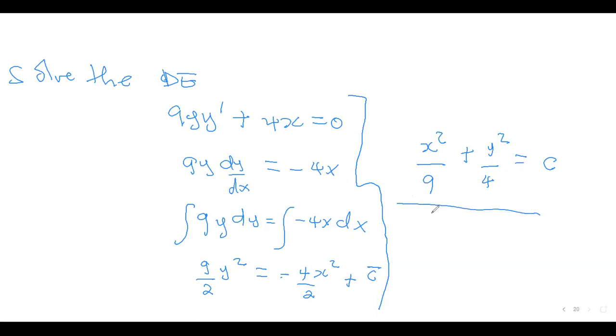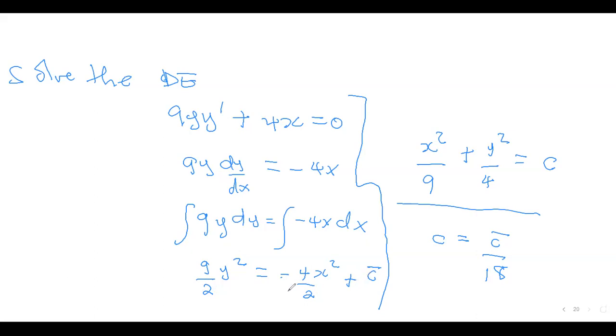Or simply written as our c is going to be c bar over 18, the constant. This is after algebraic manipulations. Multiply throughout by 2. This will be 18, this will be c.